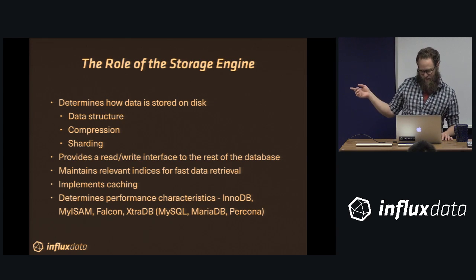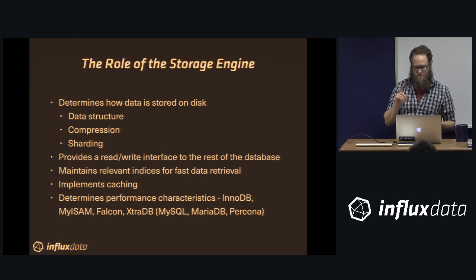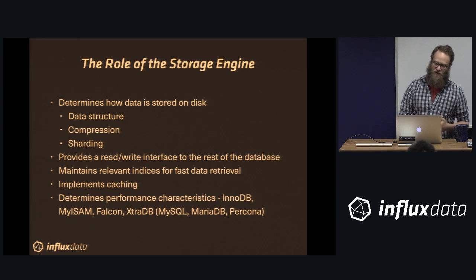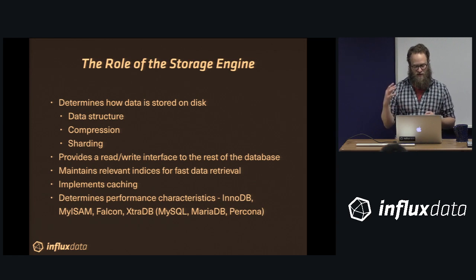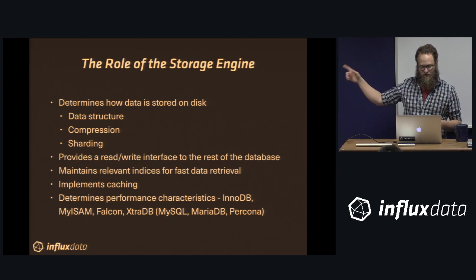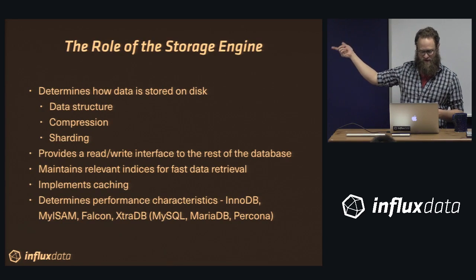I've got some examples here. These are different storage engines that are part of the MySQL family. MySQL itself, there's MariaDB, which is a fork of MySQL that's a drop-in replacement. Percona for a while was also working on other storage engines. Each one of these is InnoDB, ISAM, Falcon, XtraDB.